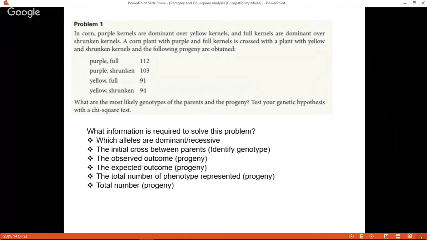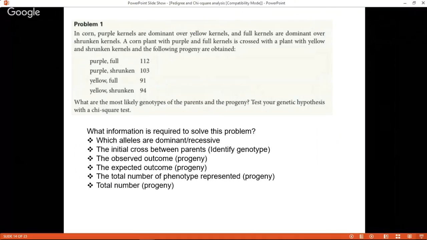We're going to take this information one by one. First, you want to see what information is required to solve this problem. We need to know which alleles are dominant and recessive, and it tells us up here that purple kernels are dominant, which means the yellow kernels are recessive. The full kernels are dominant, which means the shrunken kernels are recessive. We need to know the initial cross between the parents and identify the genotype. Once again, they already told us.